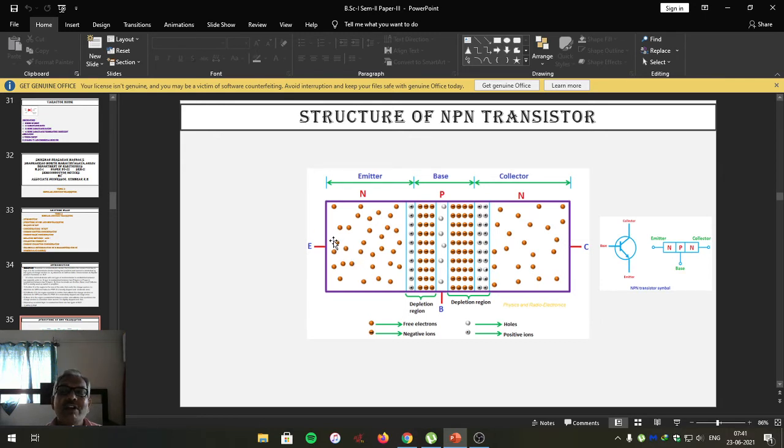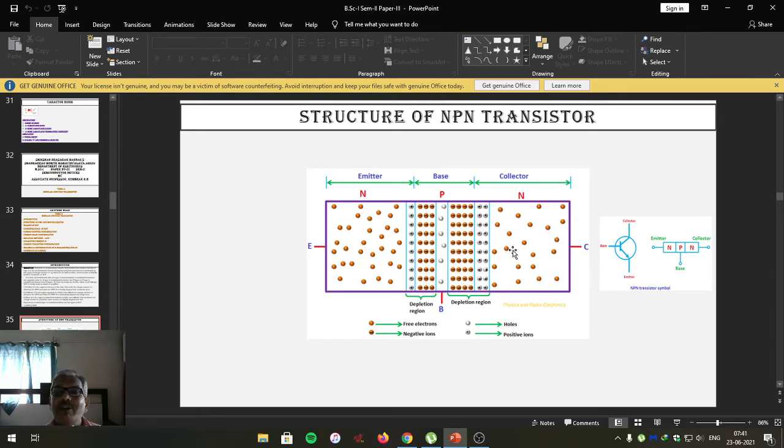The ohmic contact is made to one of the N regions, which depends upon the doping concentration, being heavily doped and having a moderate area. That ohmic contact connected terminal we can call the emitter. It is used to emit the electrons as far as an NPN transistor is concerned.